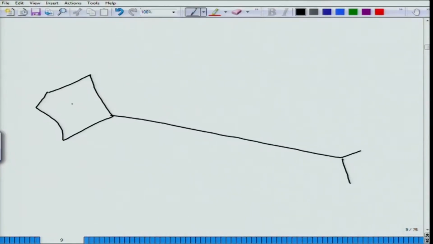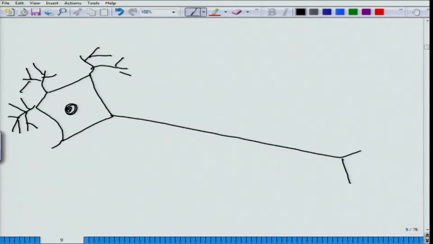So, this is the basic structure. If you remember in the membrane physiology class, we talked about how these are called excitable cells. So, today we are going to highlight that part, why these are called excitable cells.